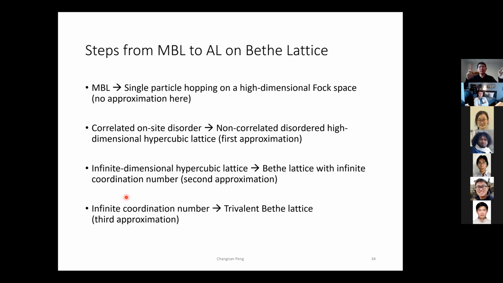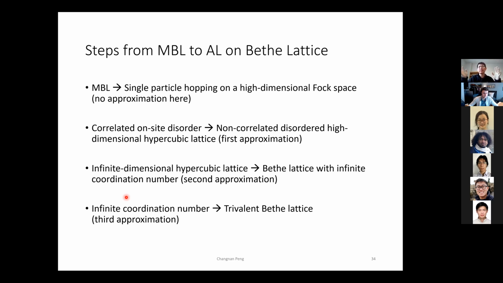The second approximation is the infinite-dimensional hypercubic Fock space. If we start from any site, it is very unlikely that it will finally come back to the original site, because on each hop there is an infinite number of choices it can hop into, so it will not choose to go back. So we can approximate the hypercubic lattice by a lattice without loops.